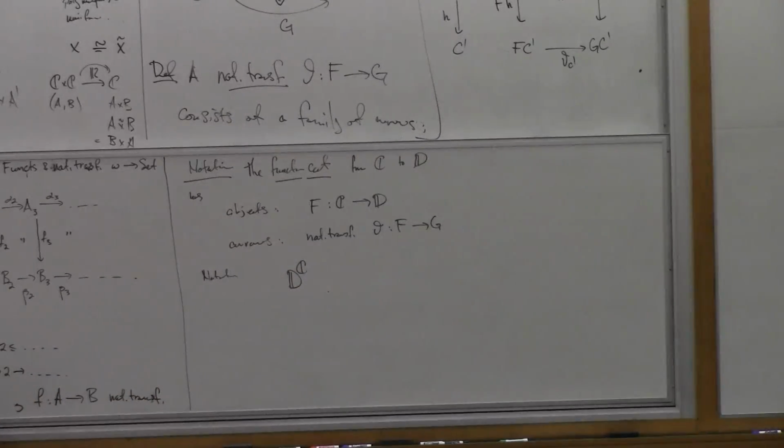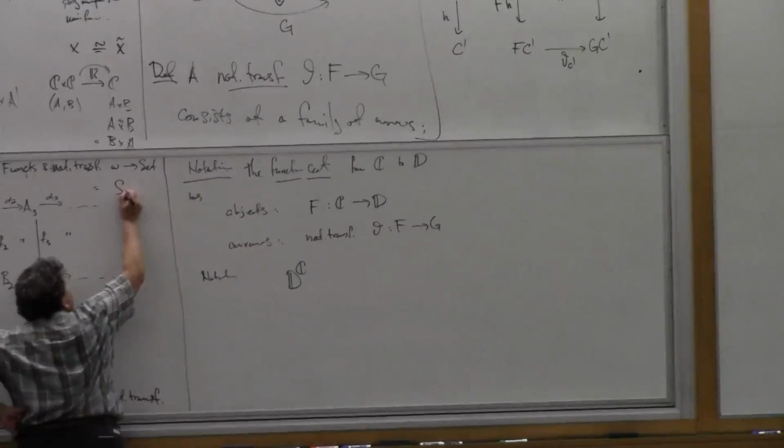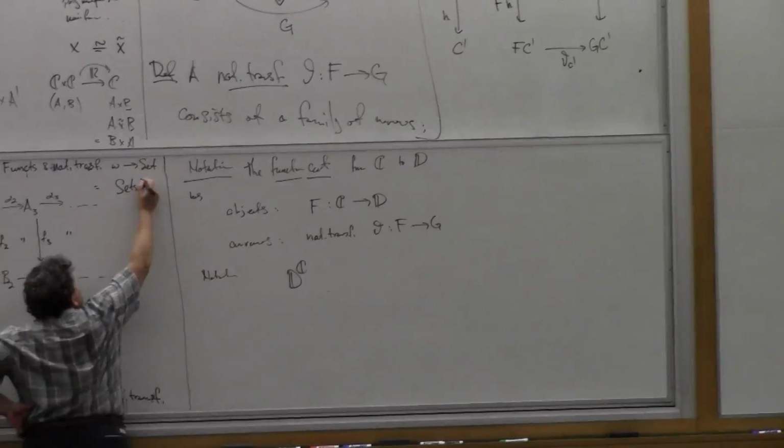So now in that notation, this category of sets through time is what I wrote before. It's sets to the omega.